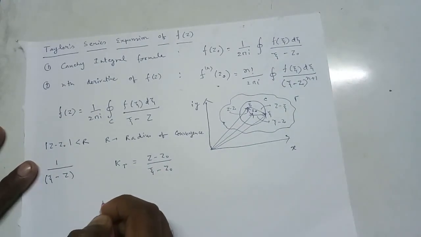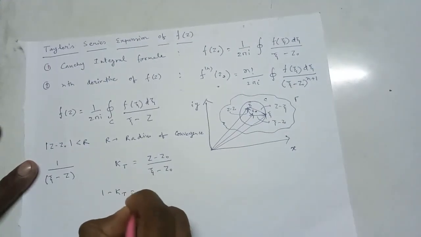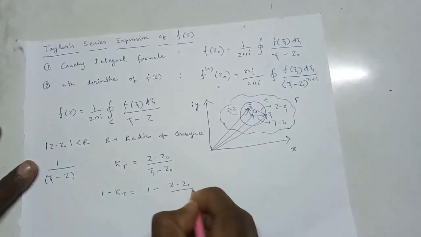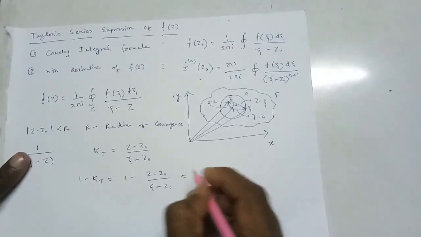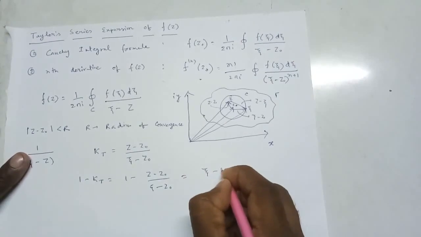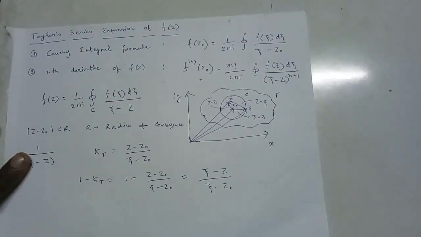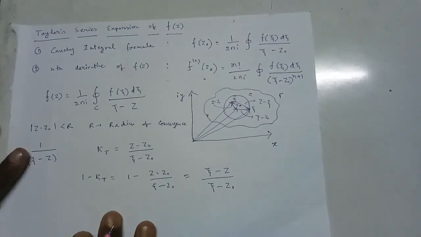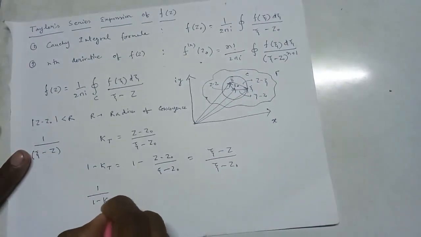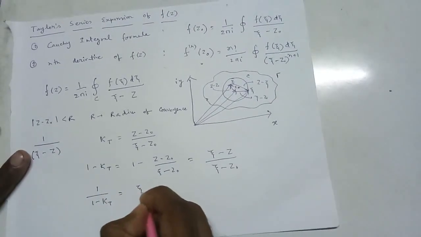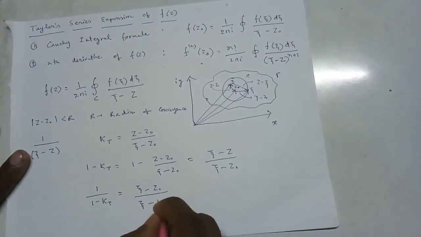Now let us subtract unity from both sides: 1 minus kt equals 1 minus z minus z0 by xi minus z0. This results in xi minus z divided by xi minus z0. We can invert both sides and we will get 1 by 1 minus kt given by xi minus z0 divided by xi minus z.